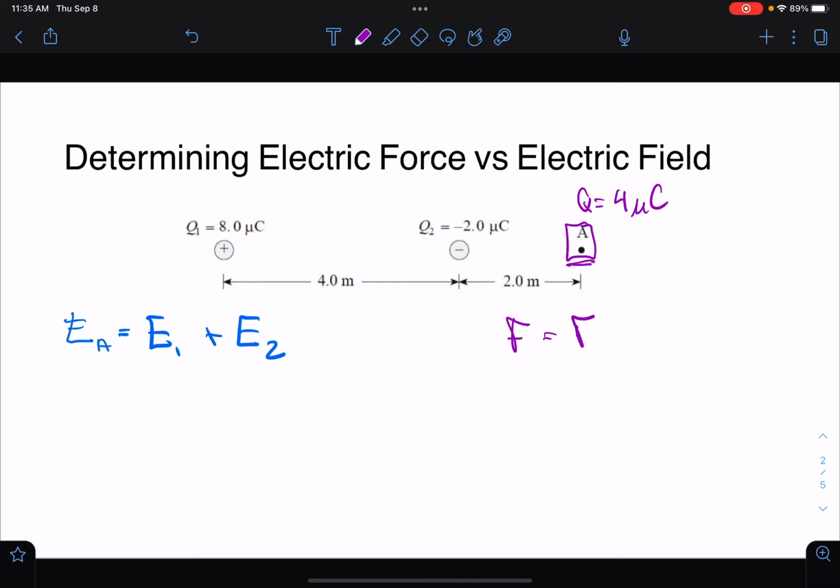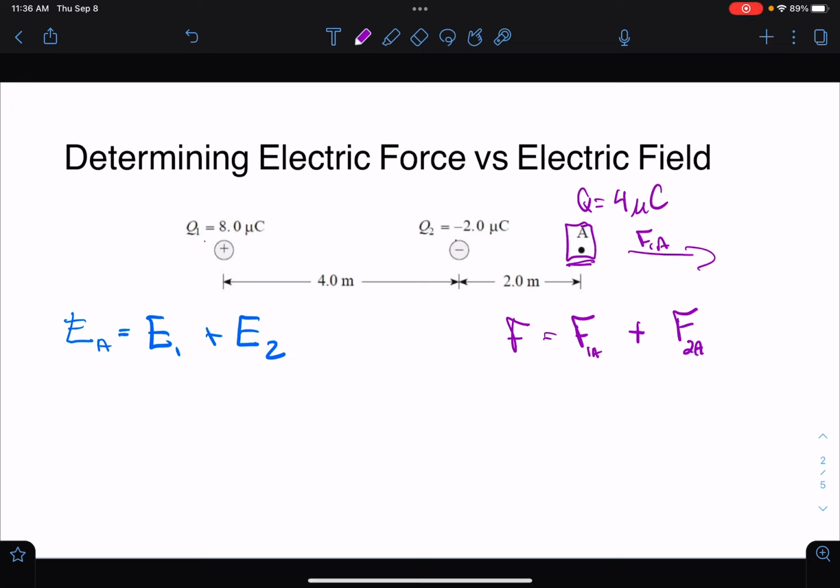So that would be the force of Q1 on QA, and then we would also add the force of Q2 on QA. All right, so in this situation, our Q1 is positive and our QA is positive. So our force of 1 on A would be in that direction.